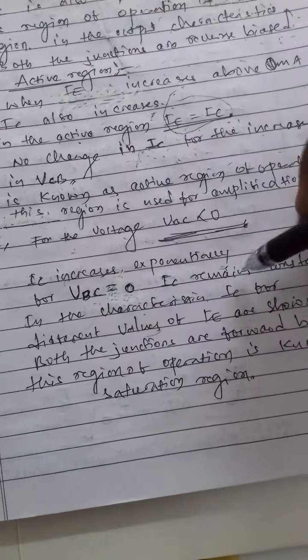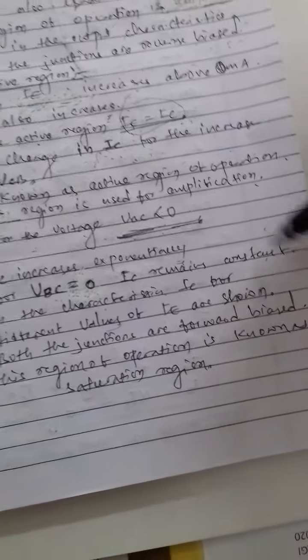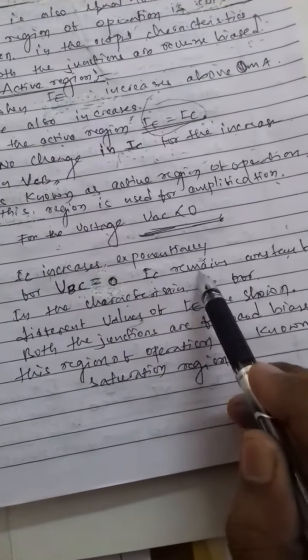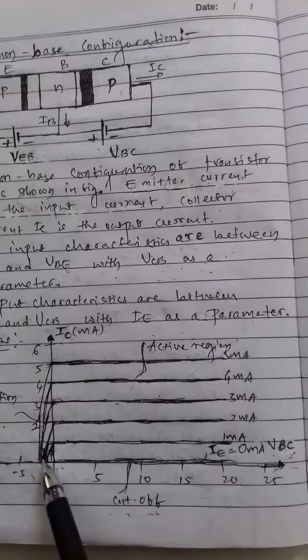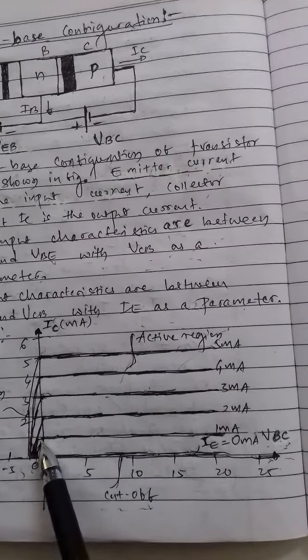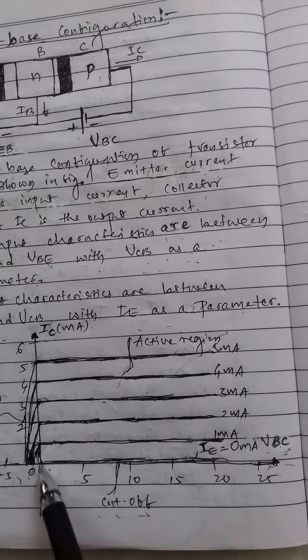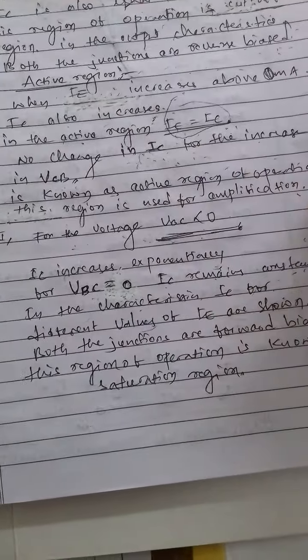For VBC equal to 0, the collector current IC remains constant.